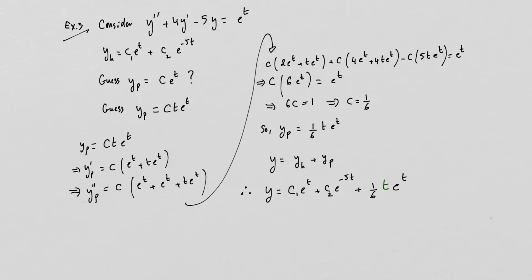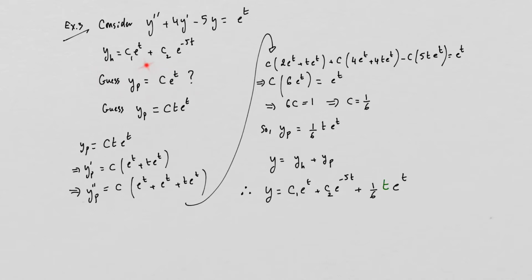The problem is, if I guess a multiple of e to the t, I am in trouble, because this is not linearly independent of this. In fact, this is that, or actually a multiple of it. Like if this could be 2 and this could be 4, right? So I'm going to address this a little bit later.